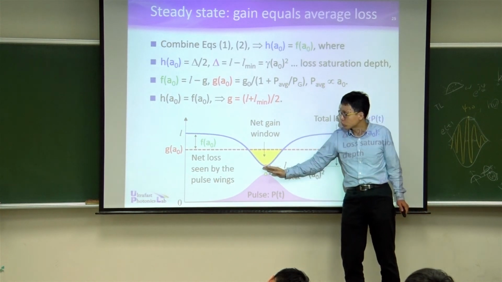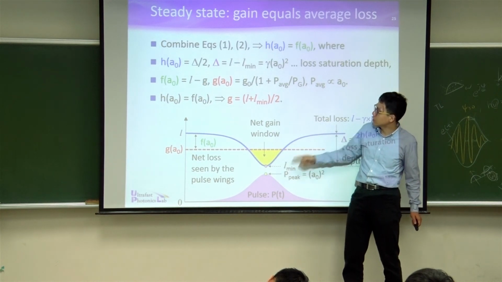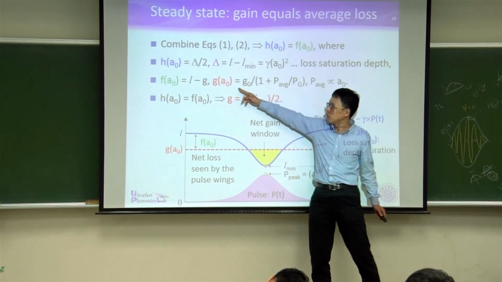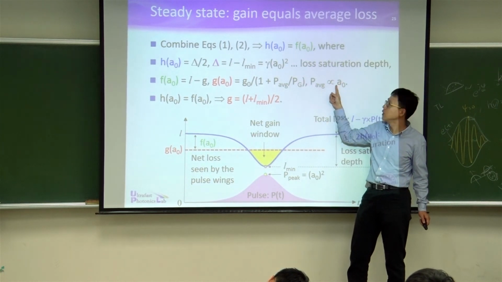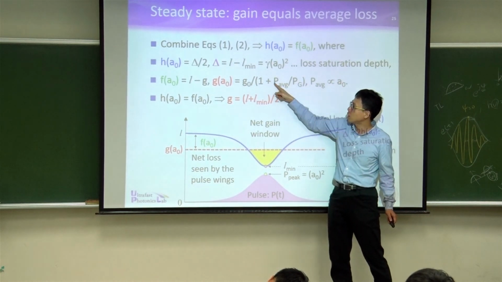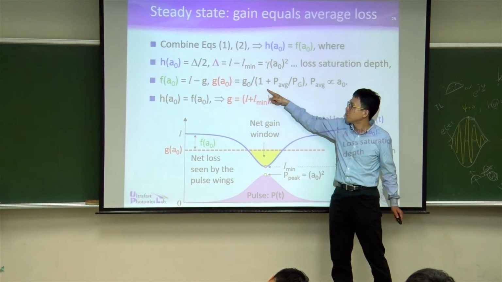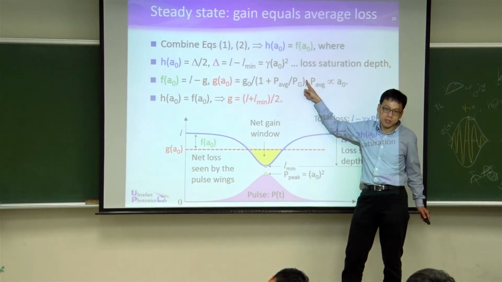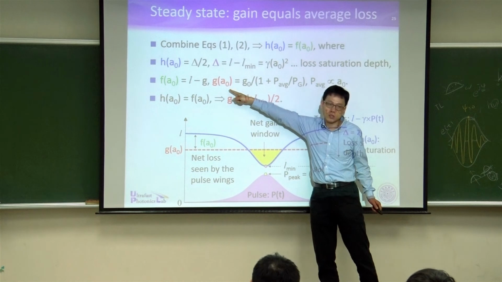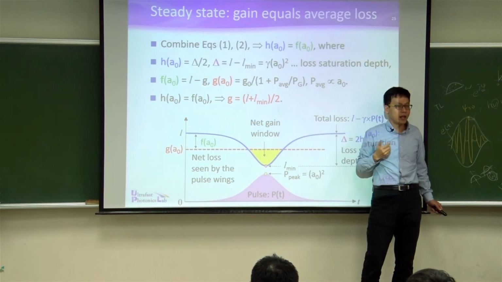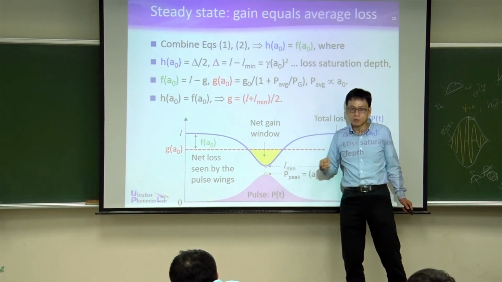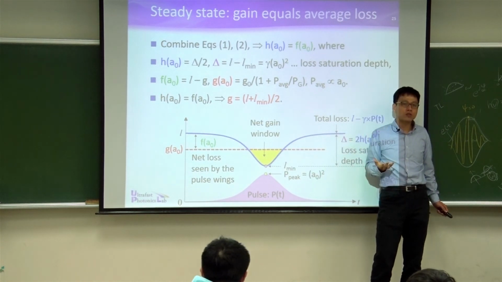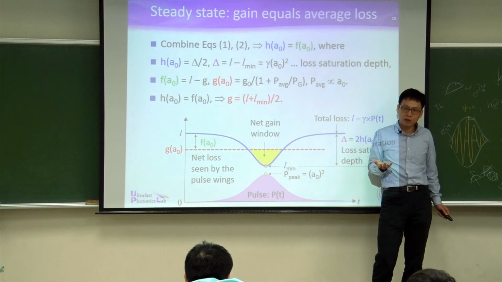When your peak power is stronger, A0 is stronger, check the formula about G. Average power is proportional to A0, so stronger average power, bigger denominator, smaller G. And actually it's natural. If you have stronger peak power, that means you have larger average power.